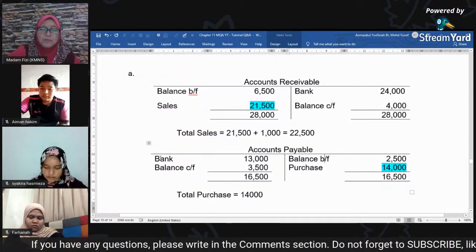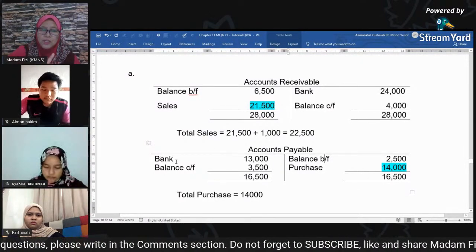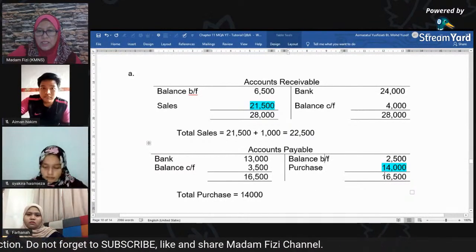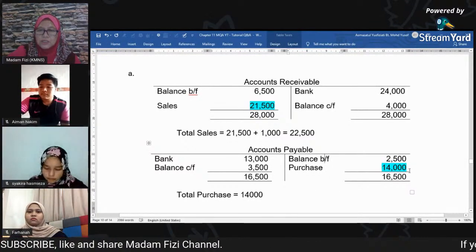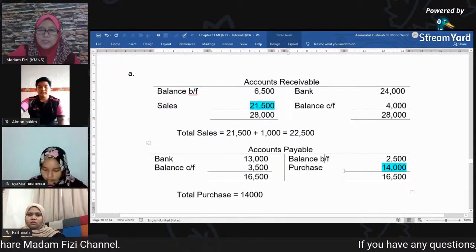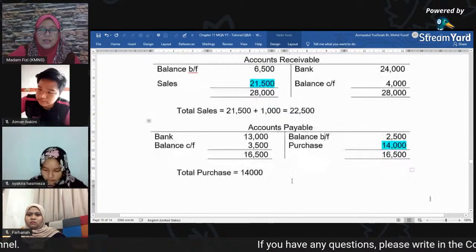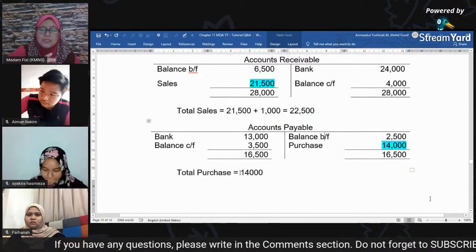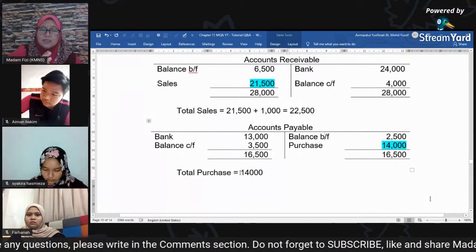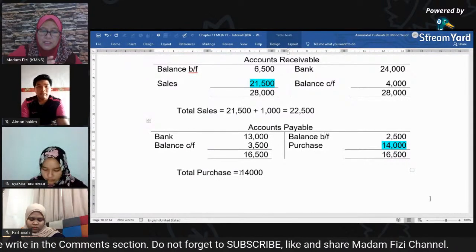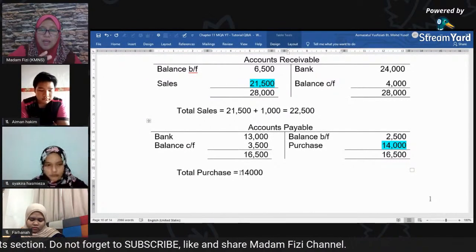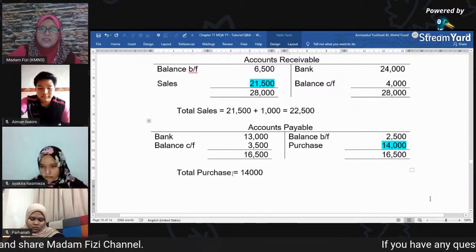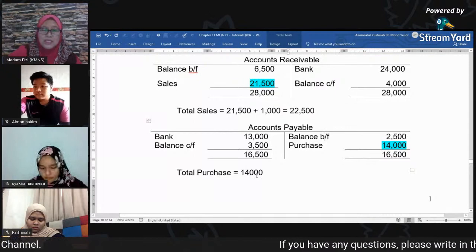So you put bank here. Don't put cash because it is at the bank column. So the missing figure is 14,000. So this is the credit purchase. So to find out the total purchase equals credit purchase plus cash purchase. But in this case, we don't have cash purchase. So the total purchase is equal to 14,000.